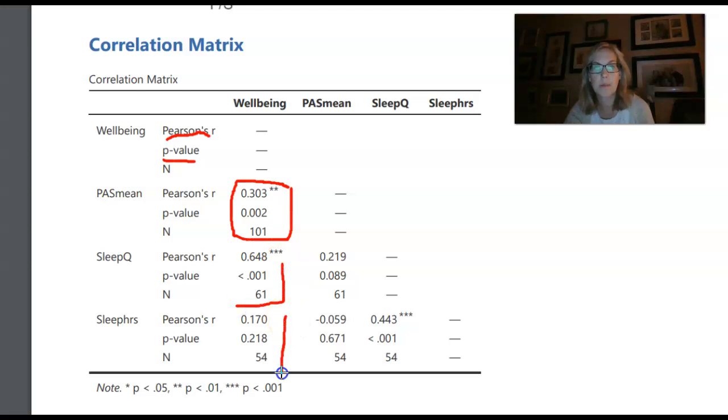This is the relationship between well-being and sleep hours. This is the relationship between anxiety and sleep quality. And this is the relationship between anxiety and sleep hours. And then this is the relationship between reports of sleep quality and reports of sleep hours.